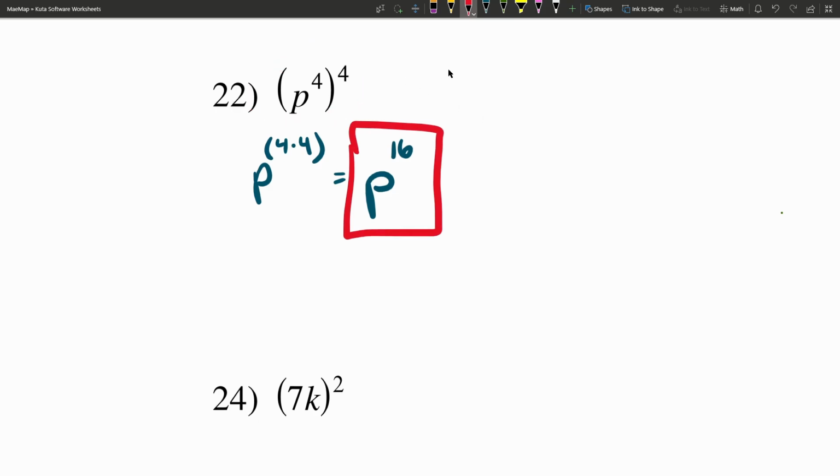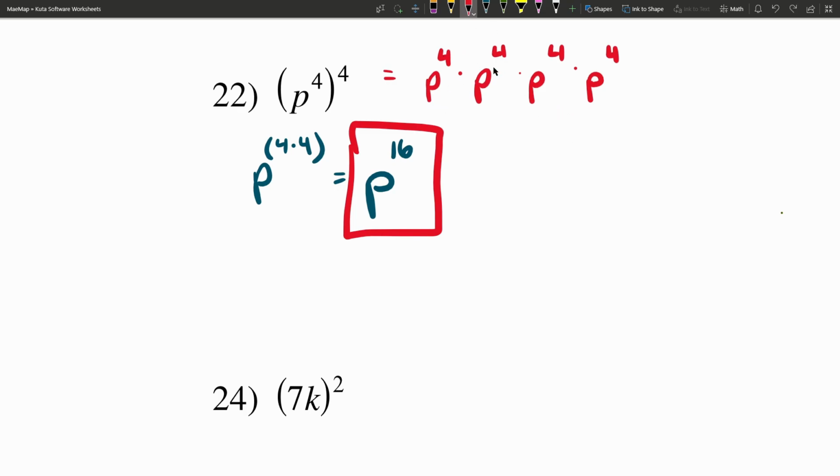Another way we could think about this is we could write out that p to the fourth raised to the power of 4. So we have p to the fourth times p to the fourth times p to the fourth times p to the fourth. And how we write that out is we have p to the fourth multiplied 4 separate times. So here we have it, 1, 2, 3, 4 separate times.